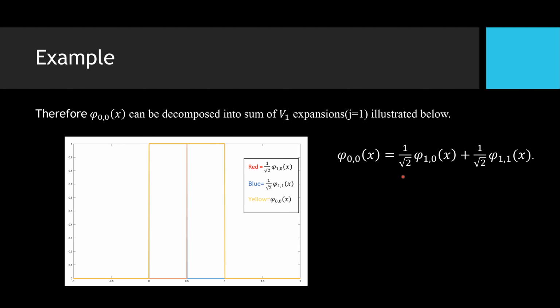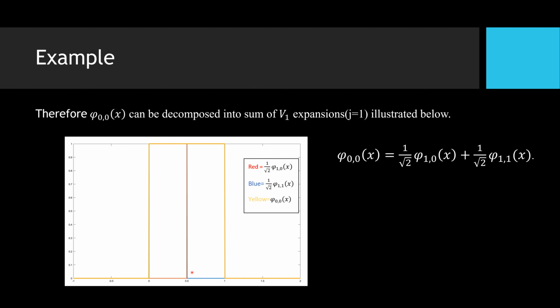So here with 1 by root 2 we have scaled our amplitude, since it is a little bit higher compared to 0 comma 0. So we scale the amplitude and simply take the summation and we get psi of 0 comma 0 of x. And this is the graphical proof also. Here the blue portion is nothing but 1 by root 2 psi of 1 comma 1 of x, and the red portion is nothing but psi of 1 comma 0 of x times 1 by root 2.